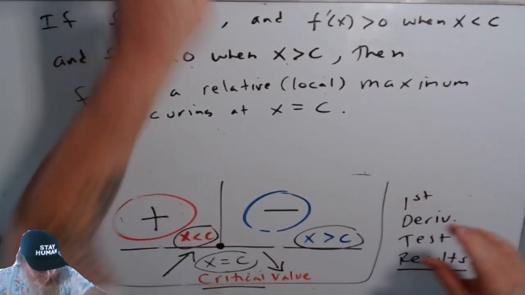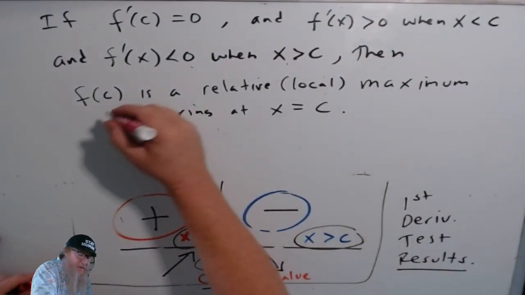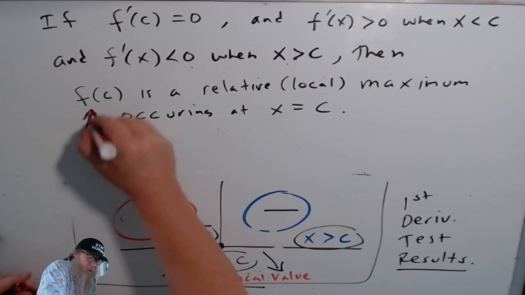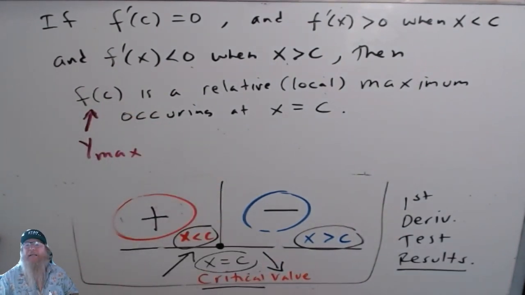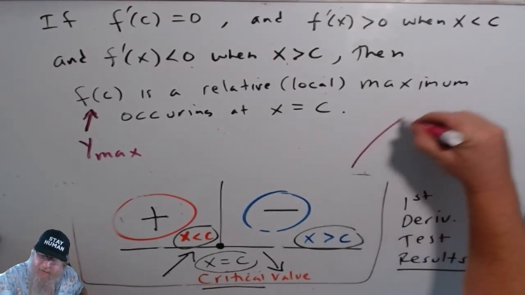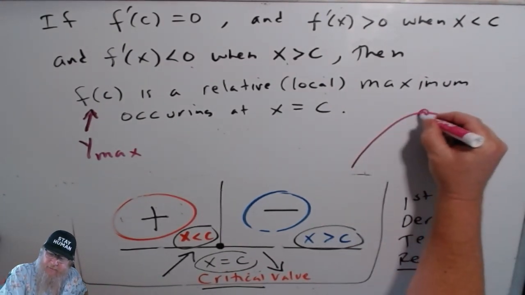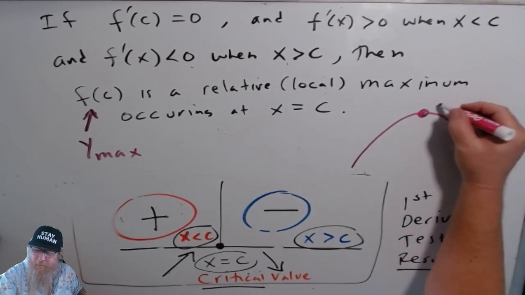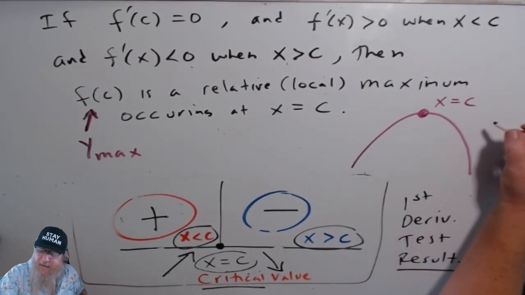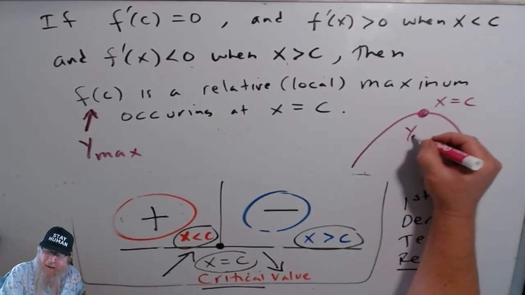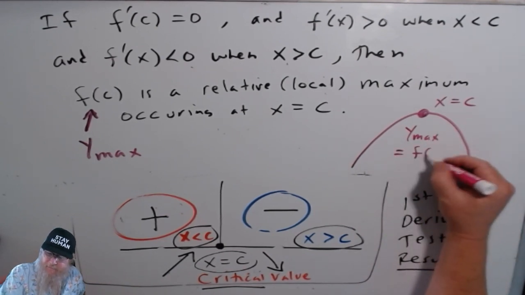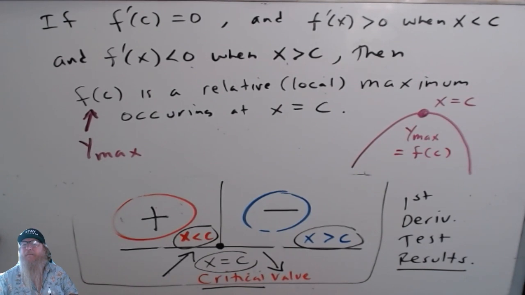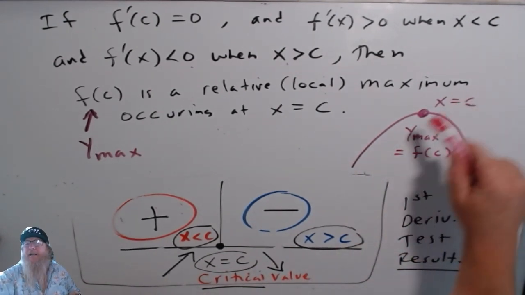And then the notation that we would use for this point is y max. And it would look like this. And the point would be x equals c, and y max is f of c. So that would be your x and your y.